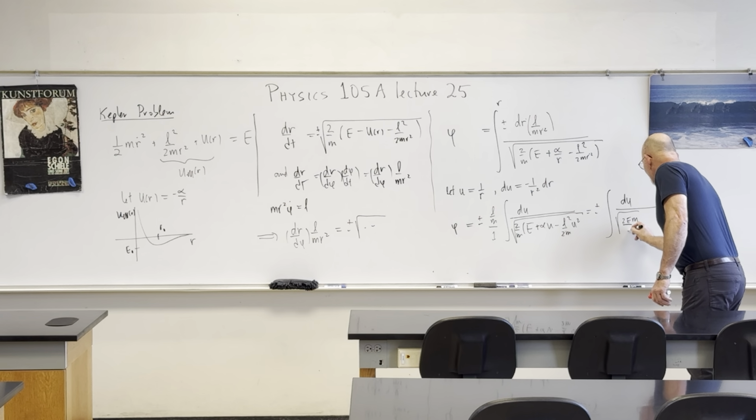And here, it's nice, the 2 cancels and the L squared over m squared cancels, so we just have minus u squared. So this is one where we can complete the square. So that's our next task. We'll just keep going here over on this side.